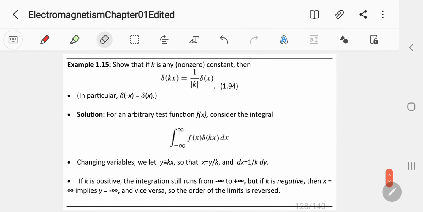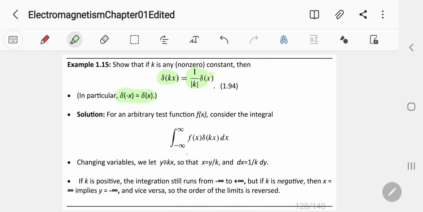We can show that these two Dirac delta functions are equal, so that in particular, if you let k equal to -1, then Dirac delta of negative x is just equal to Dirac delta of x. So let's do this.